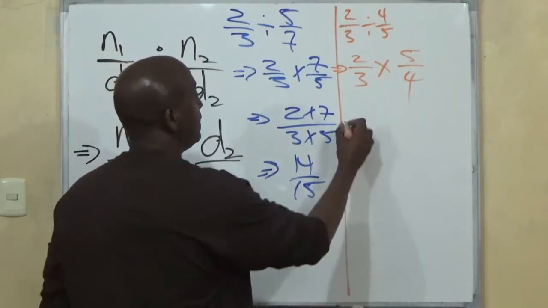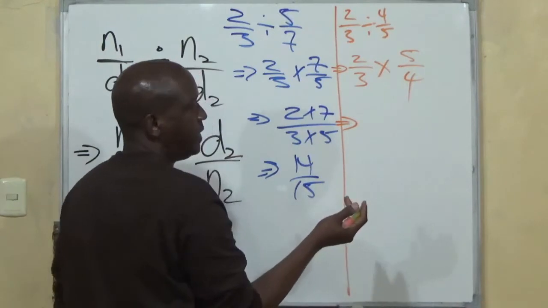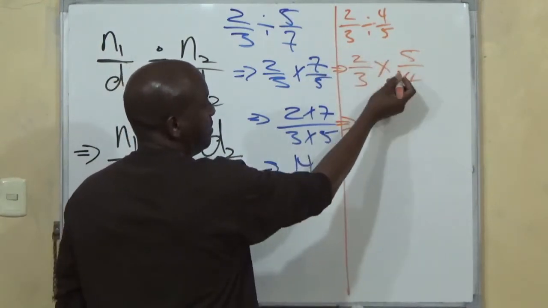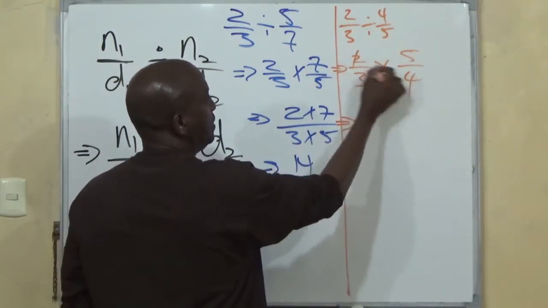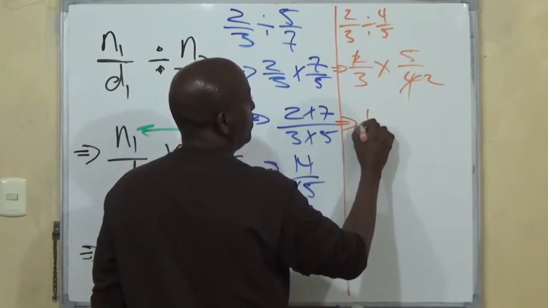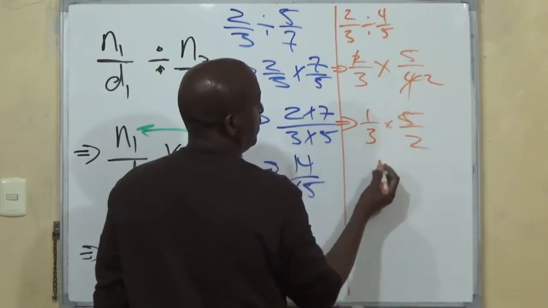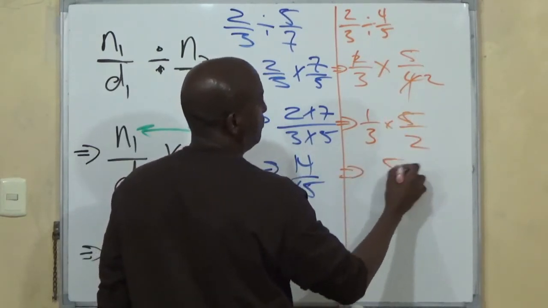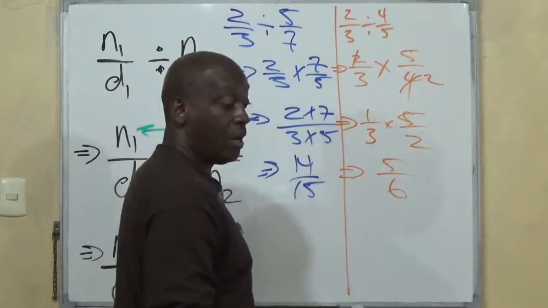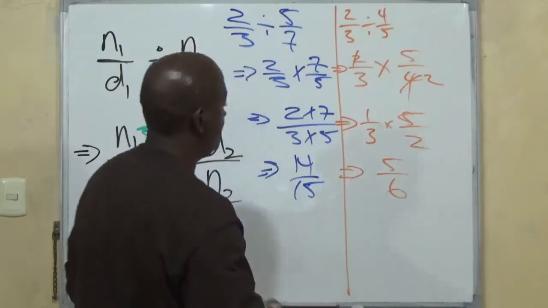Again, you do it in one of two ways. You could cancel and say common factor 2. 2 and 2, 1. 2 and 4, 2. Which will then give you 1 over 3 by 5 over 2, which gives 5 over 6.